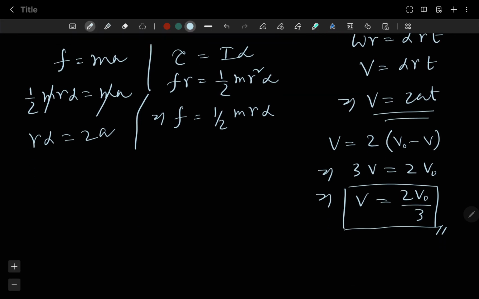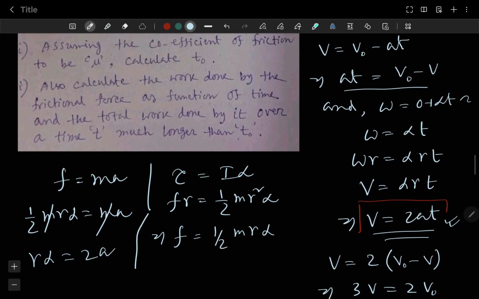Now what is the time? It's very simple to get the time from this relation. So t, or t0 rather, they say it is t0. Okay, put it t0.